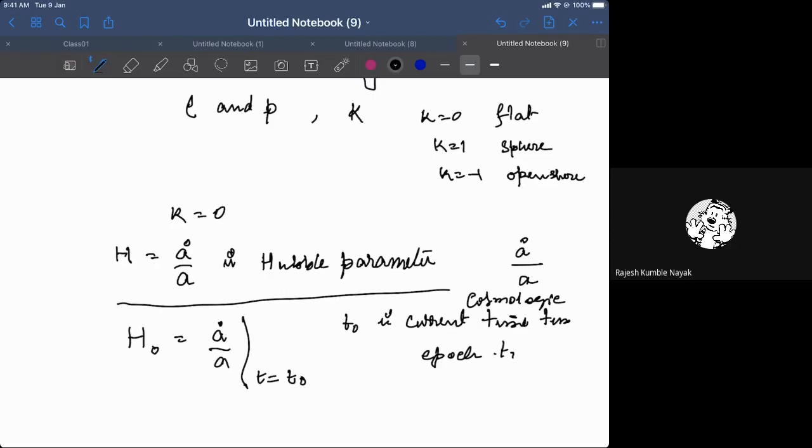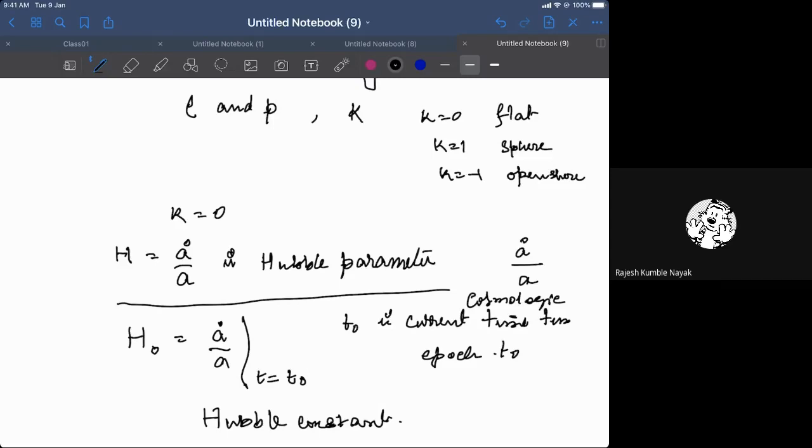So H naught at t naught, the current time, is called the Hubble constant.